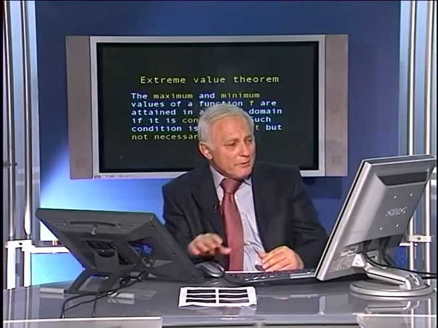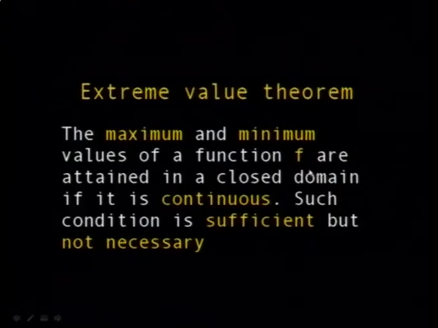Now, this extreme value theorem, unfortunately, provides a sufficient condition for the existence of a maximum and the minimum, but it is not necessary. In other words, a function may not be continuous, it can be discontinuous, or defined on an open interval, and still it has a maximum or a minimum. So the maximum and minimum value of a function f are attained in a closed domain if it is continuous.